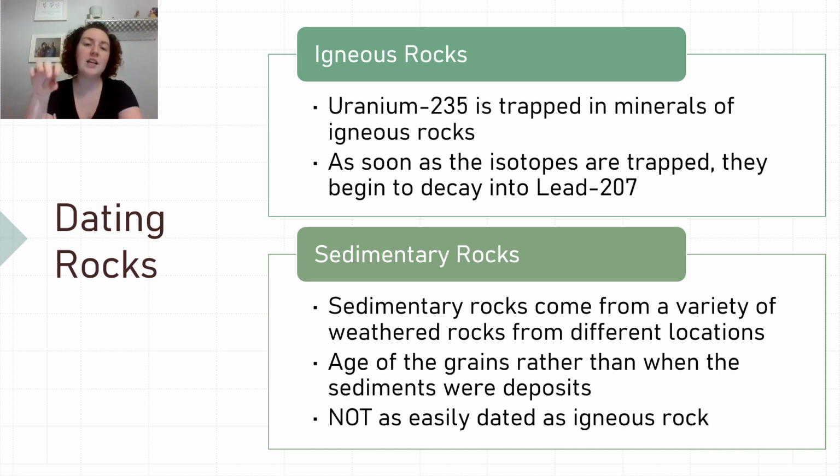As soon as the isotope is trapped, they begin to decay into lead-207. So for objects we use carbon-14, but when we start looking at rocks, we're looking for the amount of uranium-235 as compared to lead-207. Okay, igneous rocks, super duper easy.